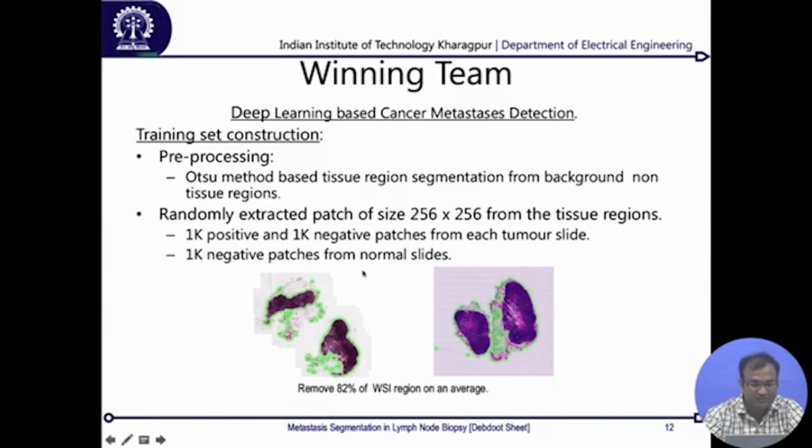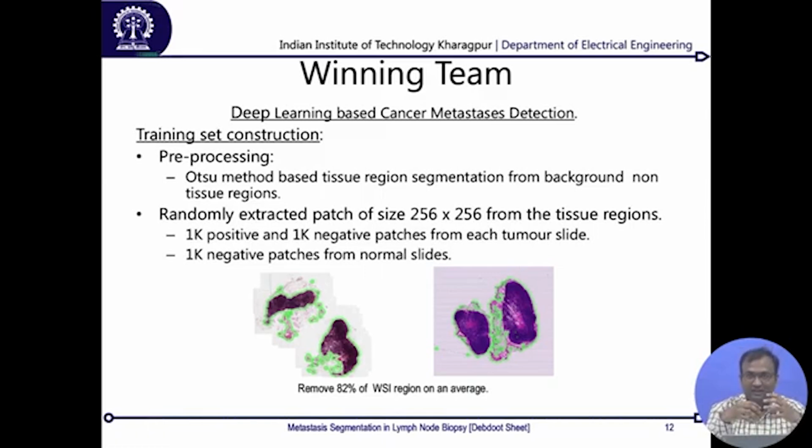Using all of these, they trained one deep learning network, and they report that with Otsu's based thresholding you can remove 82% of the region on average, where you do not have any tissue mass at all, and that brings your compute scale from that large down to a much smaller scale problem.